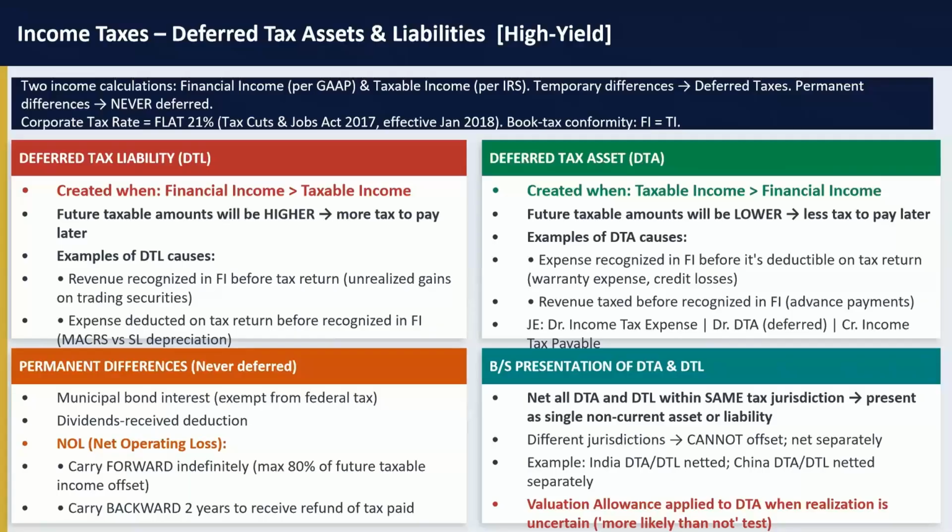Now, differences between financial income and taxable income can be of two types, temporary and permanent. In temporary differences, you enter your transactions at different times in your financial income and taxable income. Let us say, for example, the rent you have received in advance from your customers.